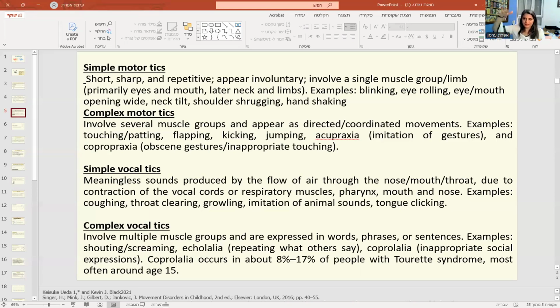It's not like this, which characterizes autism more, but it moves without notice. The complex motor tics involve several muscle groups and appear as coordinated movements.